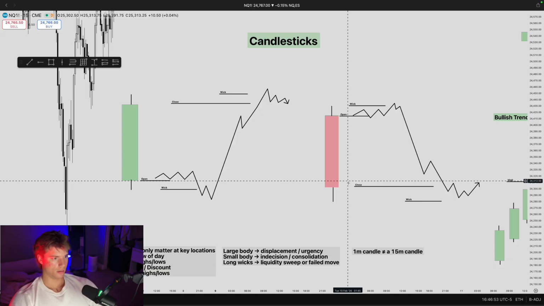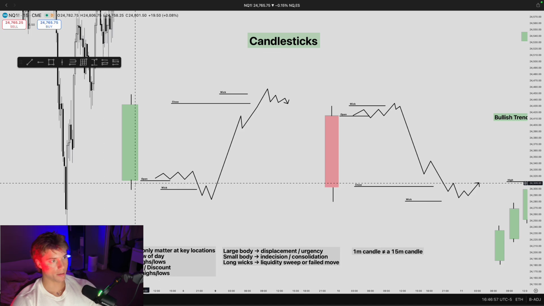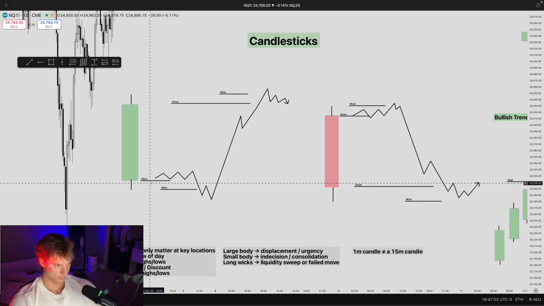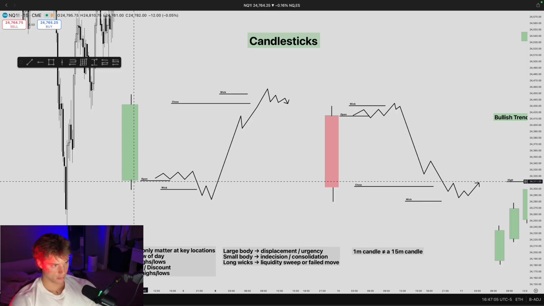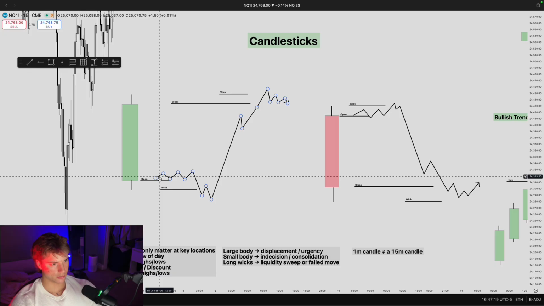So, putting it in context, what these wicks actually mean and what a body means. For a bullish candle, what this means is price opened right here where it says open. So if we look over where price opened at around 24,300, this represents the chart.